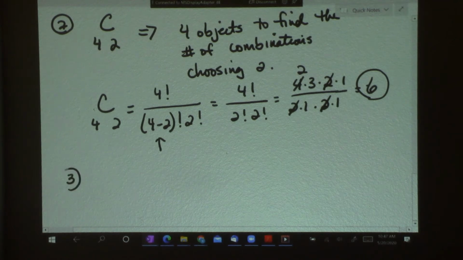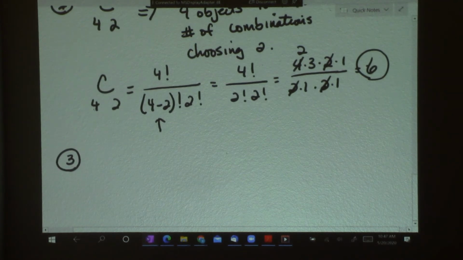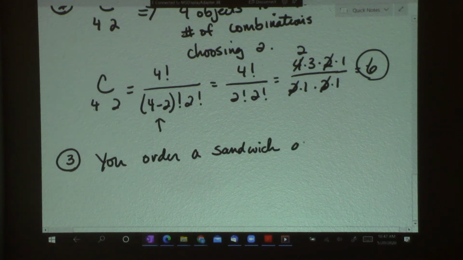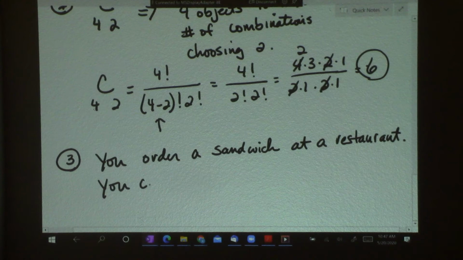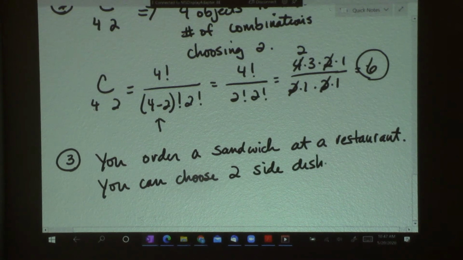Okay, let's look at a word problem. So you order a sandwich at a restaurant. You can choose two side dishes from a list of 8.